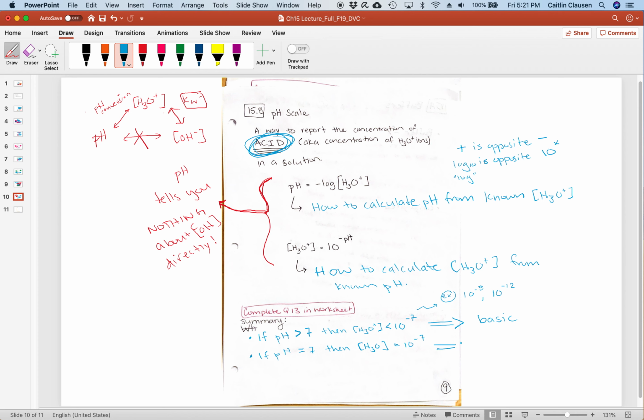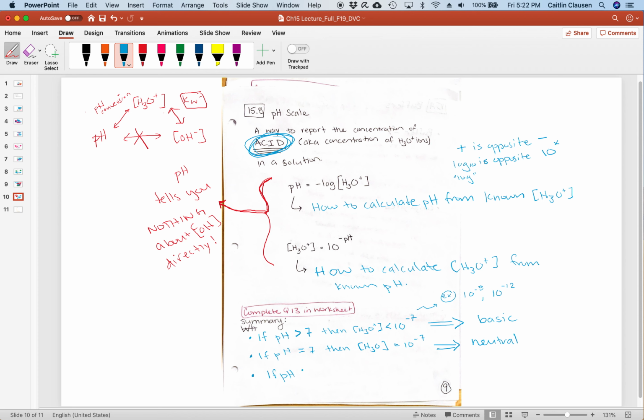And as we learned on the previous page of the notes, when the concentration is 10 to the minus 7, I have a neutral solution. And I can infer that the base concentration will be 10 to the minus 7, because 10 to the minus 7 times 10 to the minus 7 equals Kw. You have to use Kw to find out the concentration of the hydroxide if you're working with pH.